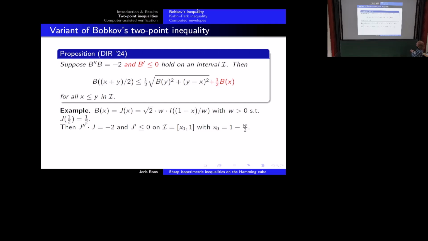This number W is computed such that the value at 1/2 is exactly 1/2, right? So we're trying to dream, we're trying to see if we can make a function coming from the isoperimetric profile that will give us equality, okay? And so we're just rescaling the isoperimetric profile, it satisfies this inequality, and we know exactly how it looks, right?